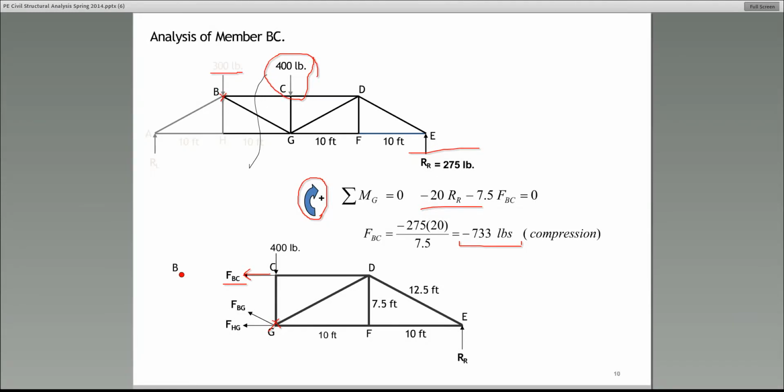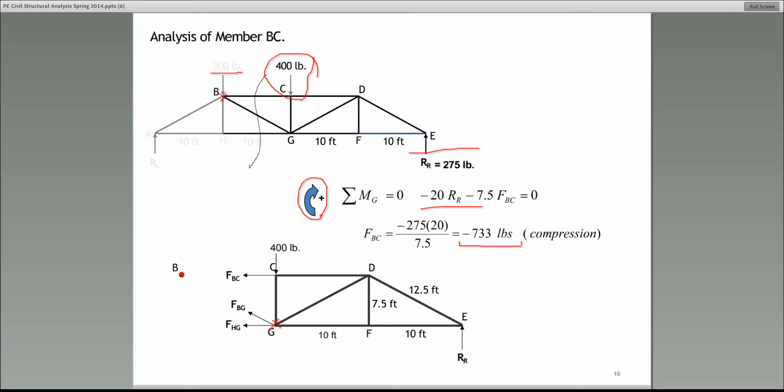Now, when we analyze these members, for example, BC, we don't really know whether the internal force is pushing towards the joint or pulling. What we do, we make an assumption. And if you recall, when I told you to use the method of sections and use these three forces, BC, BG, and HG, what is my assumption here?